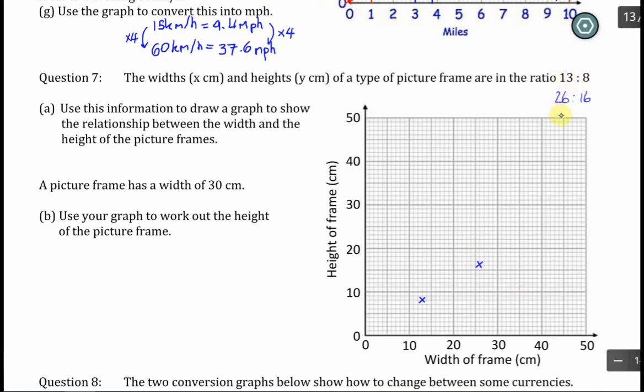In other words, add another 13 onto this. So a picture with a width of 39 would have a height of 24. It's going to go through there.